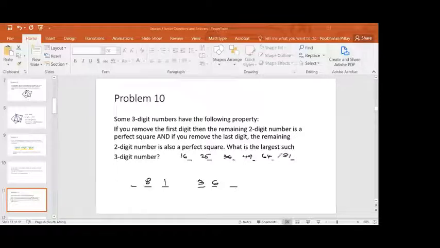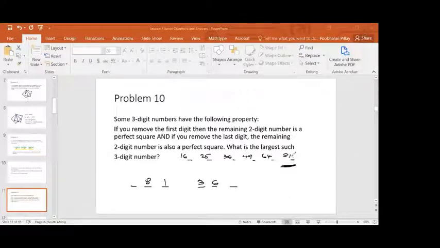Right. Now, so what will the last digit be? So they're asking which is the largest such three-digit number. So obviously, the largest will be, the first two are these. So the largest will be from here, isn't it?